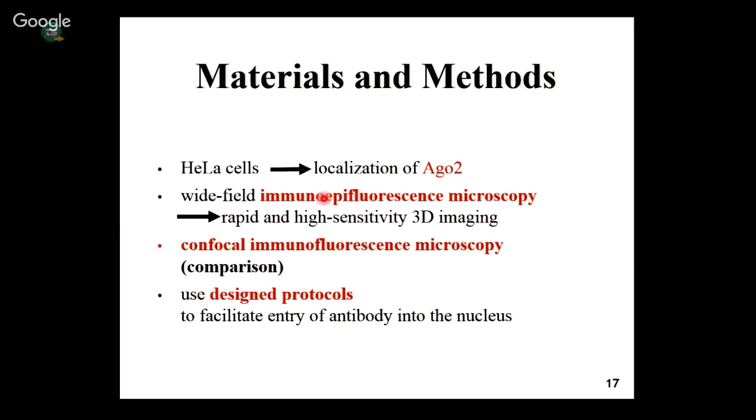They use HeLa cells to find the localization of AGO2, and they use a technique called immunofluorescence microscopy, which helps them rapidly get a 3D image of the nuclei. Then they also use confocal immunofluorescence microscopy for comparison. Second, they use optimized protocols to facilitate entry of the antibody into the nucleus.